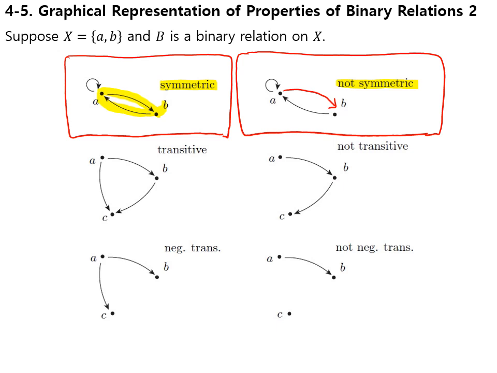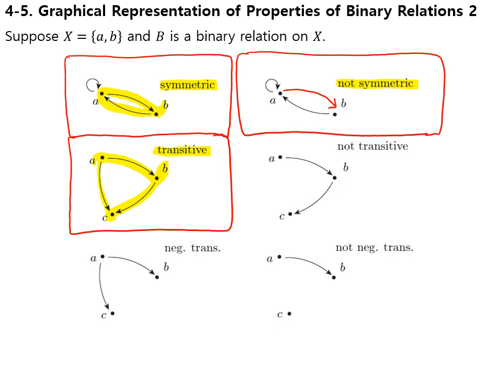Now consider the picture in the middle, on the left column. This represents a relation that is transitive. And again, transitivity basically says that if A is related to B and B is related to C, then A is related to C. And we can see here that it is transitive.